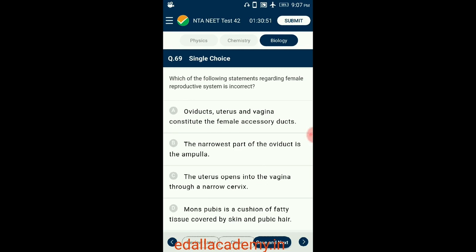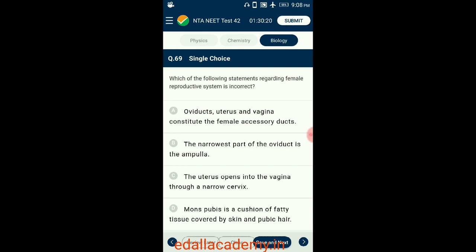It is the part where sperm and ovum are transported simultaneously by the fimbriae. Union of sperm and ovum, that is fertilization, occurs in this part. Third, the uterus opens into the vagina through the cervix. The cavity of the cervix is known as the cervical canal.